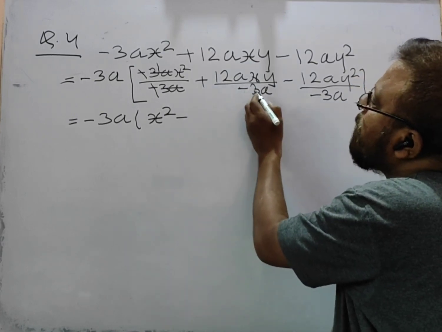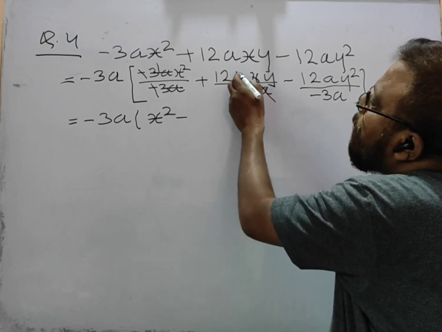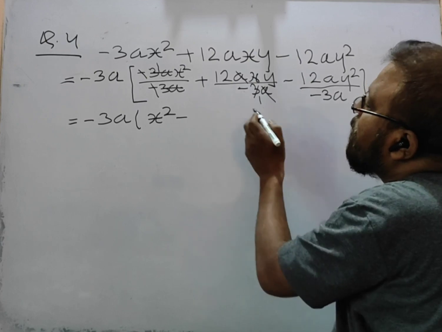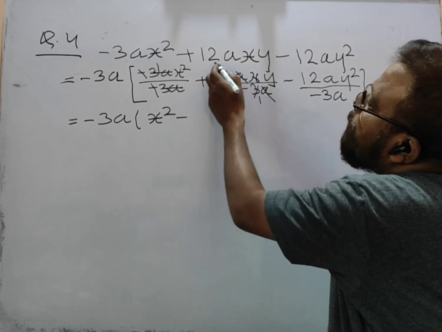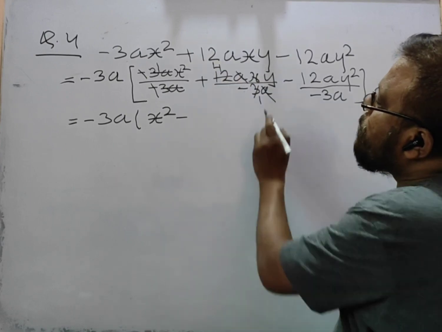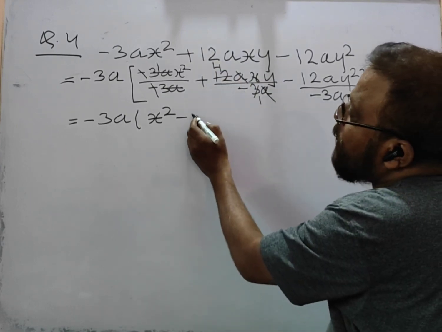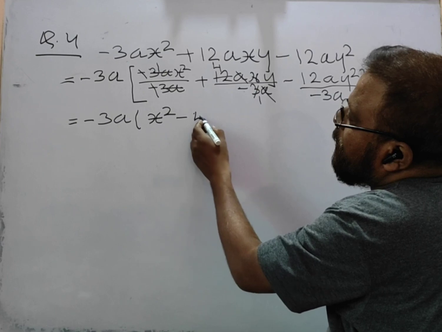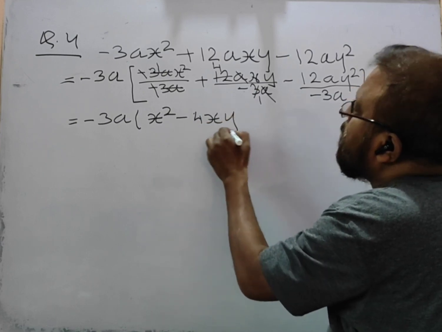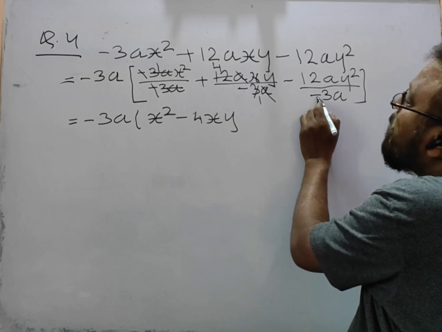After that, this a is gone, and 4 times 3 is 12. So there will be 4, right? So I'll write here minus 4xy, right? 4xy. After that, minus minus plus.